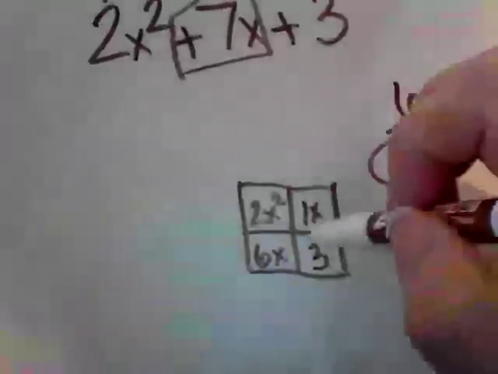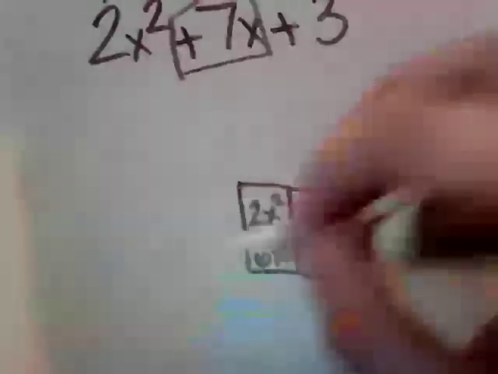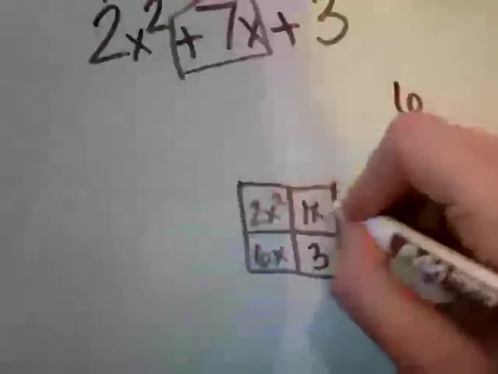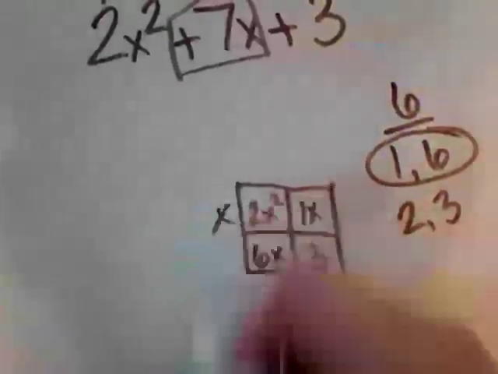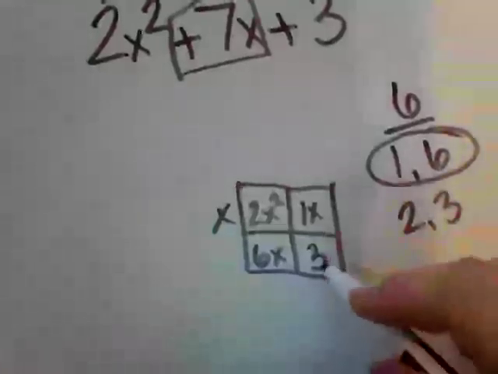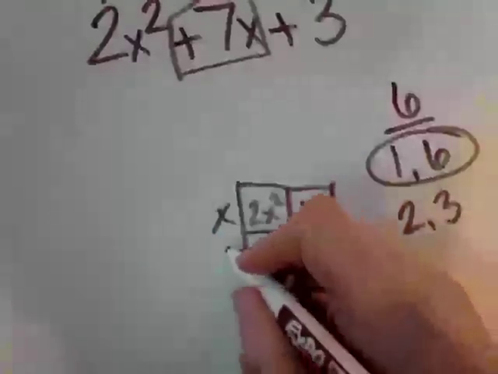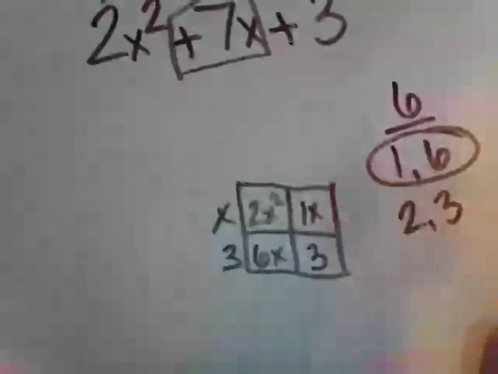Okay, so when we start factoring these out, again, I'm going to do the rows first, and then I'll do the columns second. So for the first row, we can factor out an x, and that's it. On the bottom row, we've got 6x and 3. We can factor out a 3.